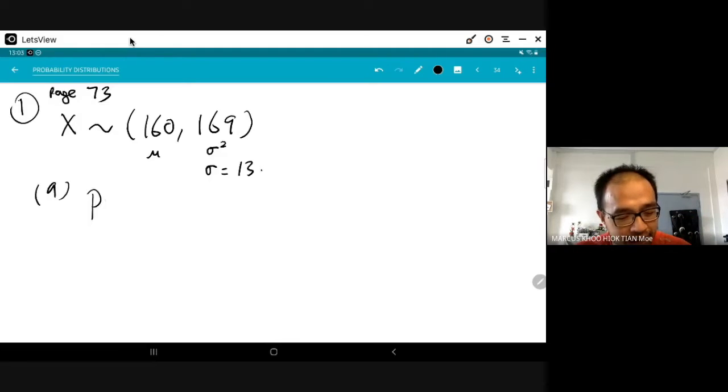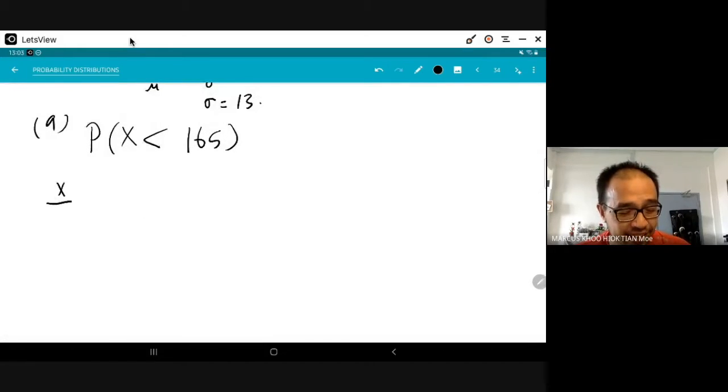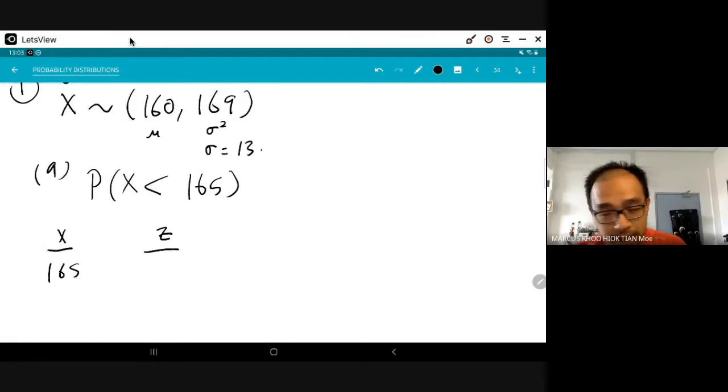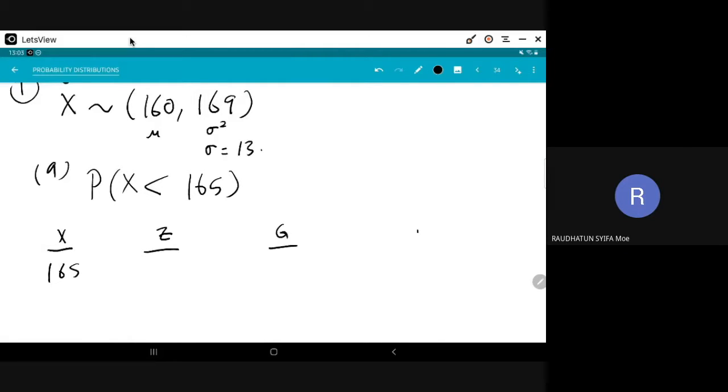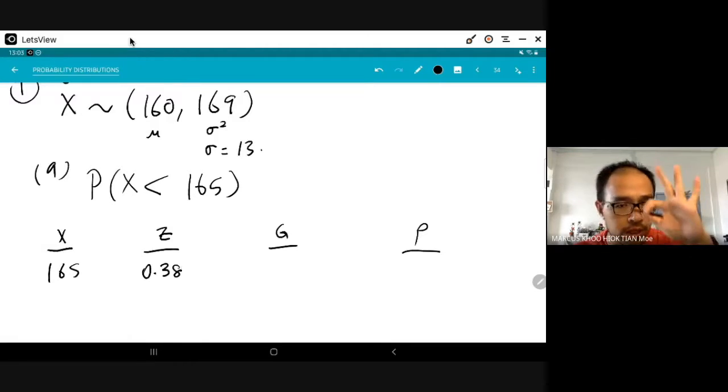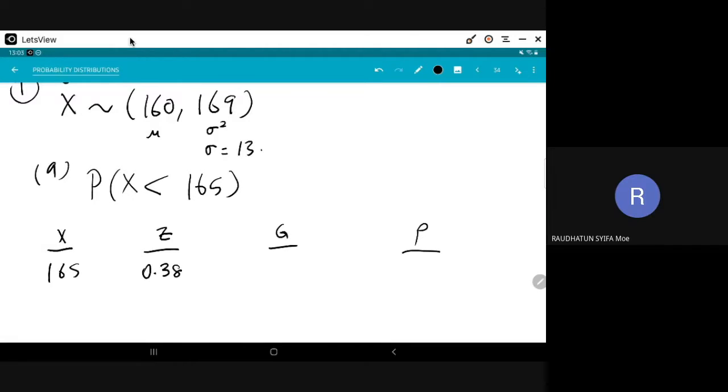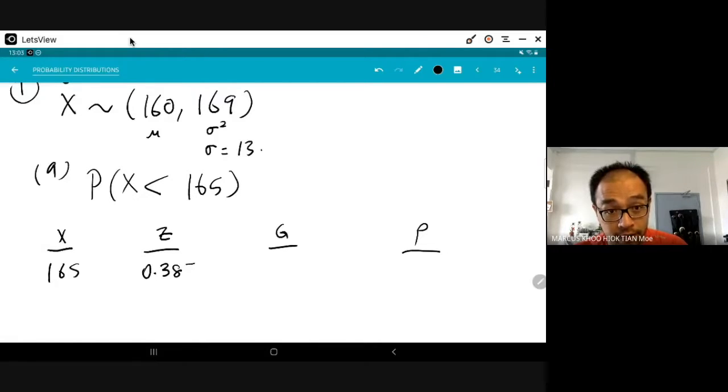So the question is, X is less than 165. We do the same thing. X is 165. Z value, please. 0.3846. Three decimal places only. 0.385.